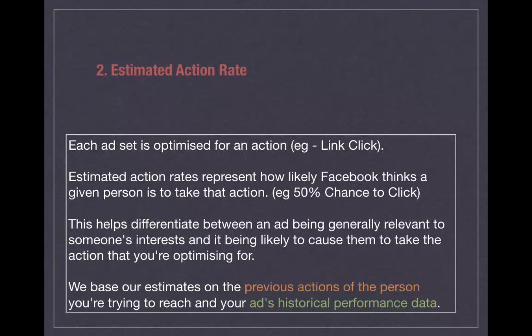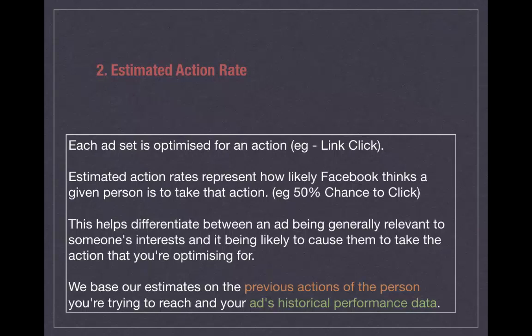So there is one optimization objective of your ad, correct? Now estimated action rates represent how likely Facebook thinks a person is to take that action. Facebook is thinking, okay, this is your link click ad, and there is a 50% chance for that particular person to click on that link.